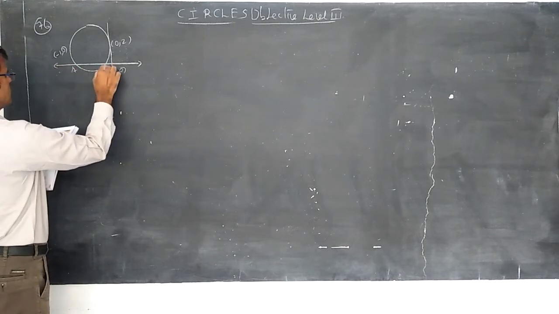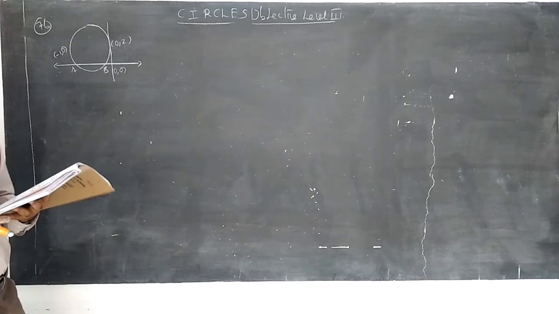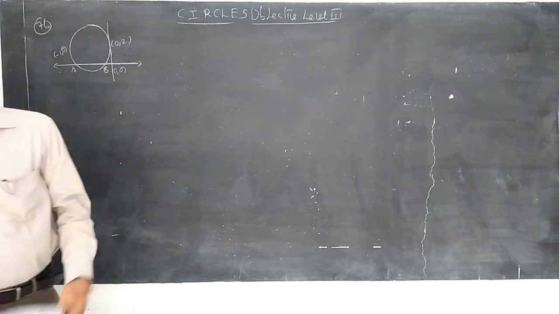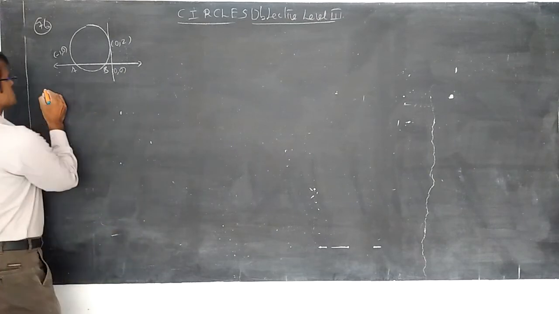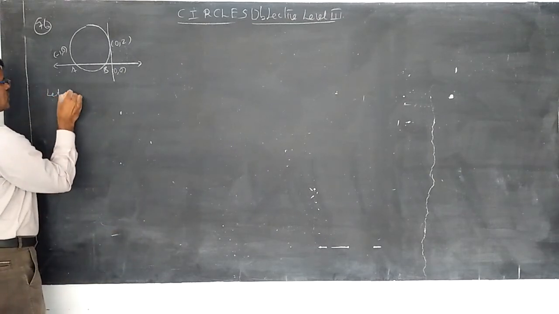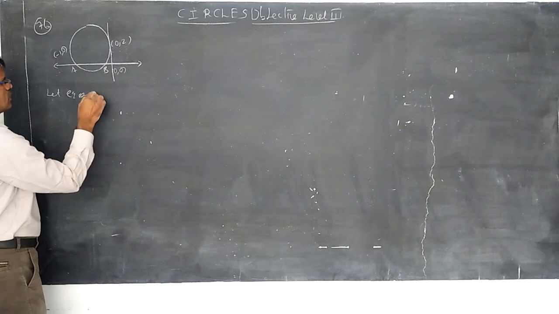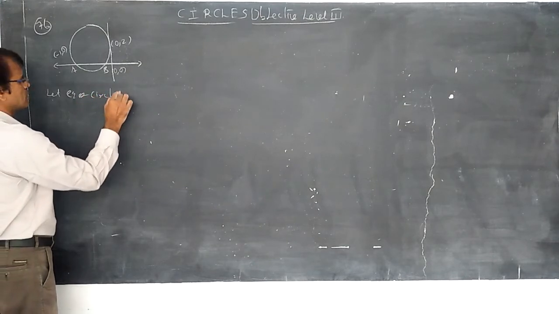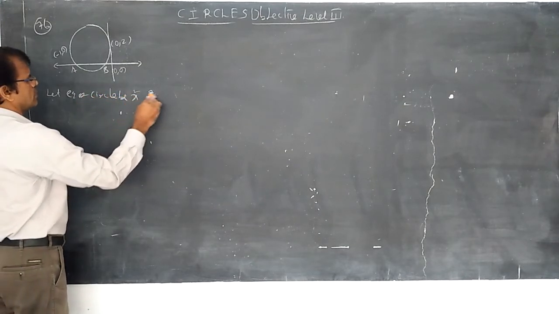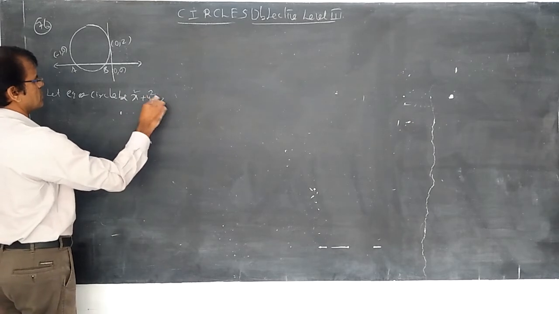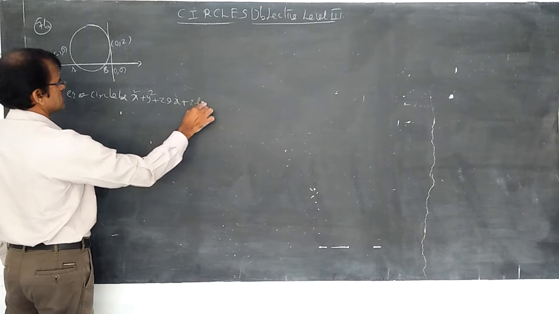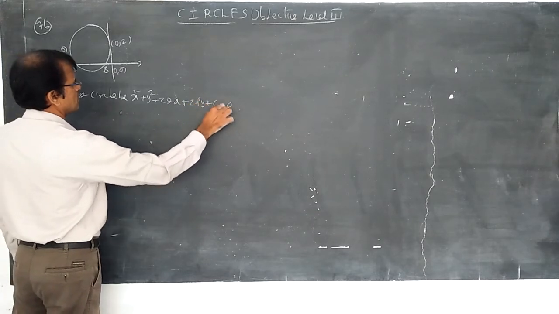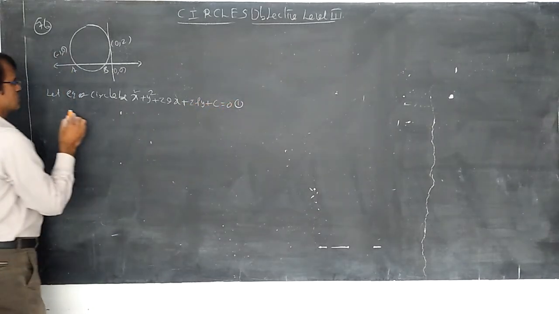Put here A and B. So let us calculate the equation of the circle. Let the equation of the circle be x square plus y square plus 2gx plus 2fy plus c is equal to 0. Let it be the first equation.